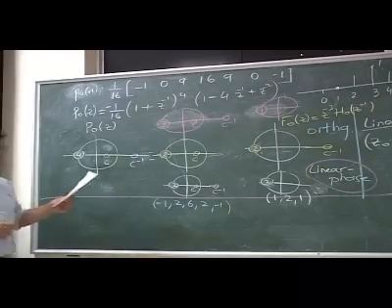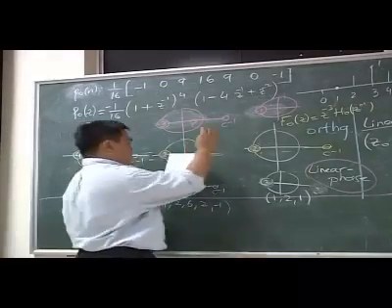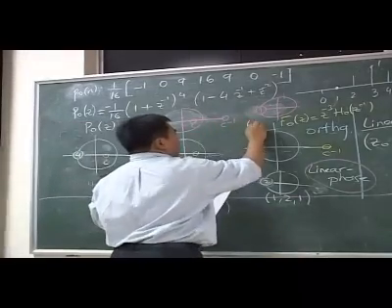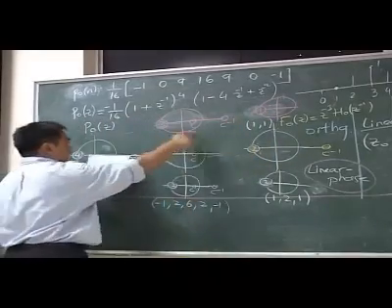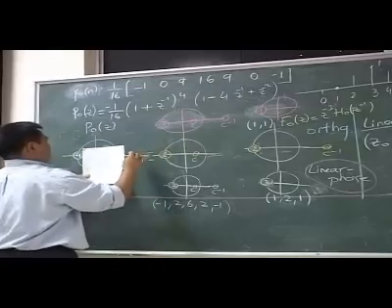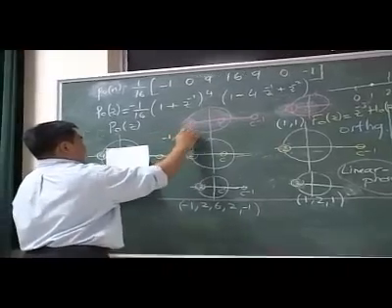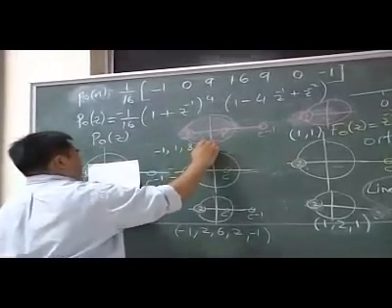This is 1, 1, that's 1 plus the inverse. This guy is -1, 1, 8, 8, 1, -1.